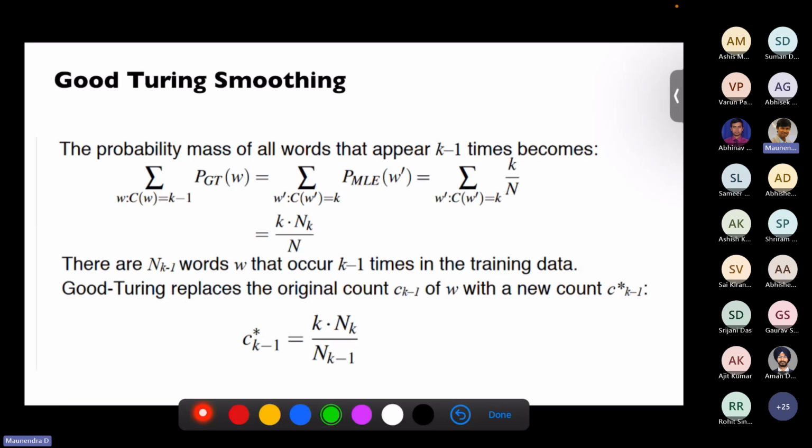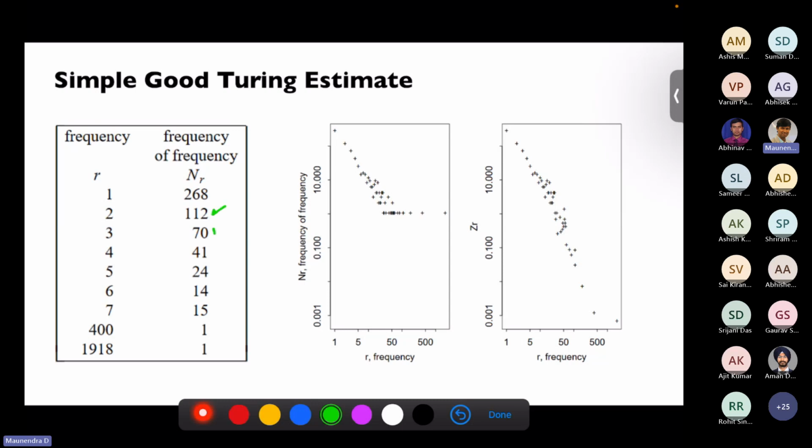Suppose the number of words for which the frequency is 1 was 268. This is the frequency, and this is the frequency of frequency. How many words with frequency 2? There were 112 words with frequency 2. There were 70 words with frequency 3, and so on, and 4, 5, 6, 7.